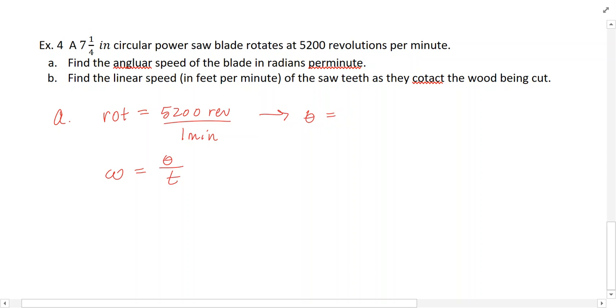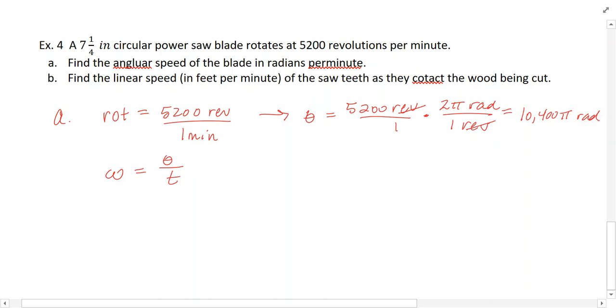It can't be in revolutions. So I know that 5,200 revolutions, and I'm just writing this in unit form so you can see what I'm doing, times 2 pi radians over 1 revolution gets rid of the revolutions and puts theta in terms of radians, and I would now have 10,400 pi radians.